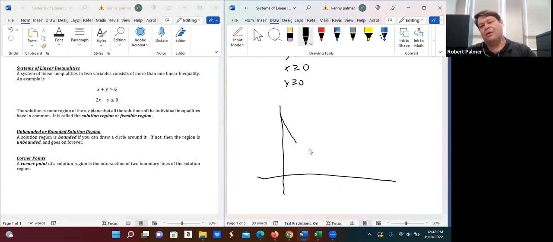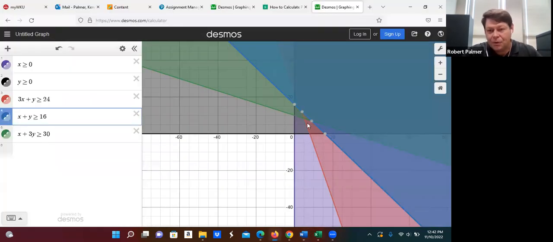So we have another corner point, and going down like that. Once again, this is not the best drawing, but you'll get the idea. Now let's go back and look at our corner points. This one was 4, 12 and 9, 7.